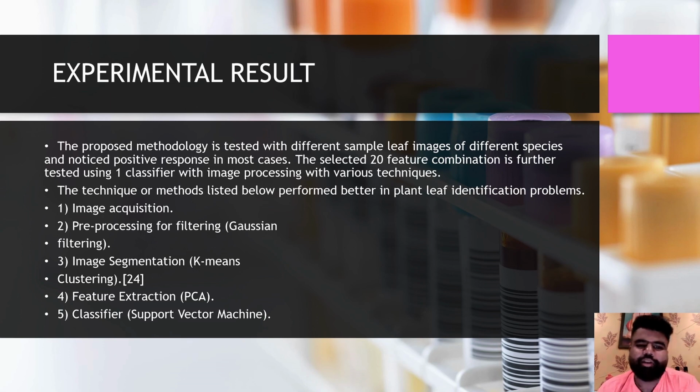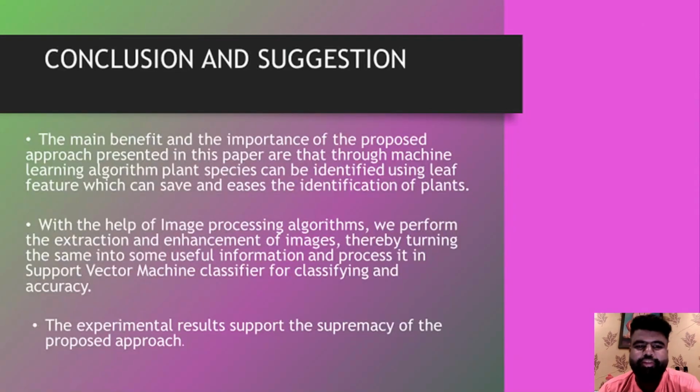The techniques or methods listed below perform better on plant leaf identification problems. As we know, image acquisition, then pre-processing for filtering, then third was image segmentation, feature extraction and the classifier, where we use a support vector machine to identify what plant species it is.